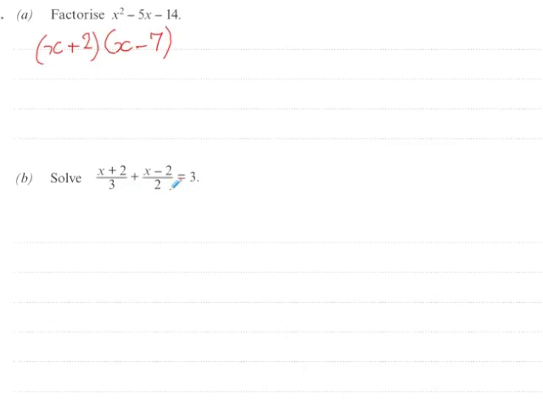Now here we're asked to solve an equation. First of all, you know that you can do the same to both sides of an equation and it will still balance. So you can multiply this by apples if you like, as long as you multiply this side by apples, it will still balance.